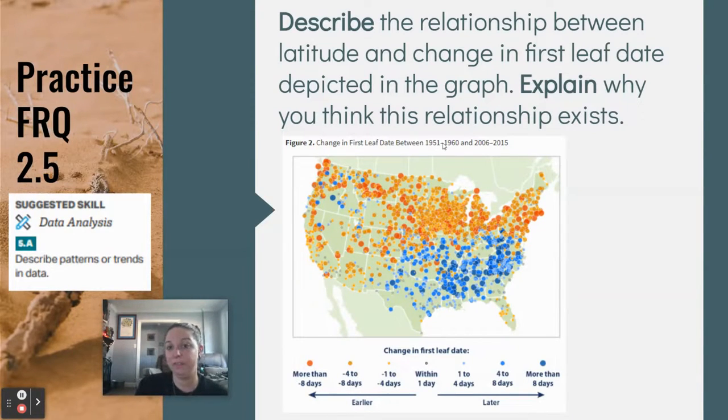From 1951 to 1960 to 2006 to 2015, they're changing 8 days earlier than they were in the 50s. And then our blue ones, they're actually turning their leaves 8 days later than they used to.